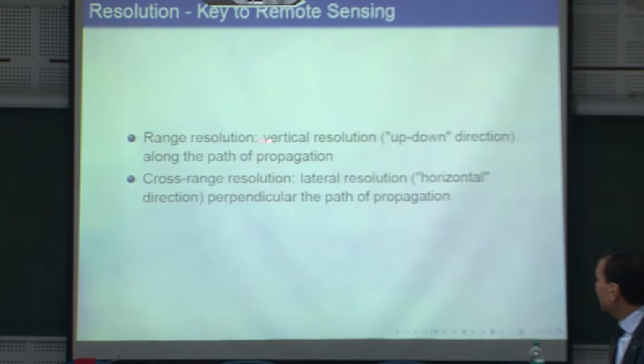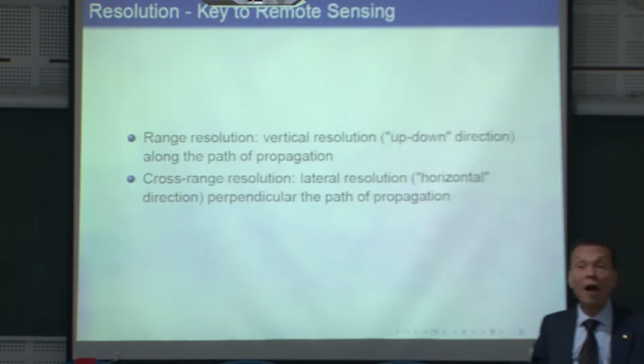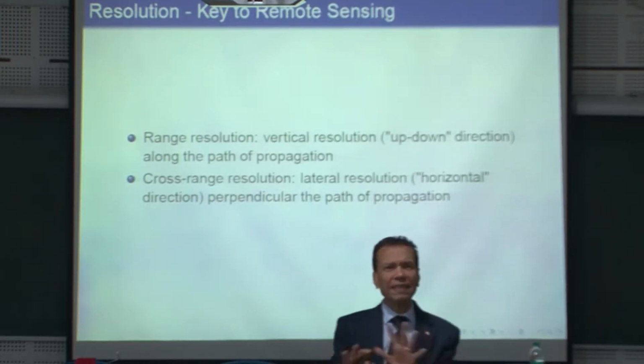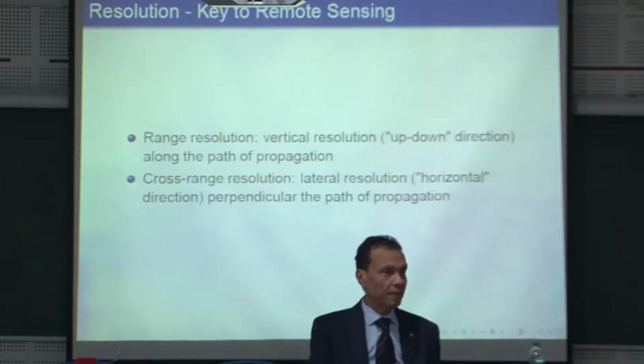The first one, as we saw before, depends on bandwidth. The higher the bandwidth, the better the depth resolution. This one here has nothing to do with the bandwidth. It depends only on how big the aperture is. I think now you can understand what GPR is. It is three-dimensional.